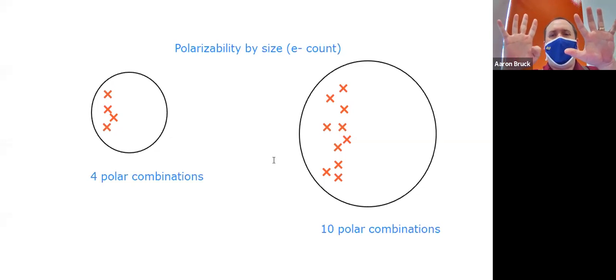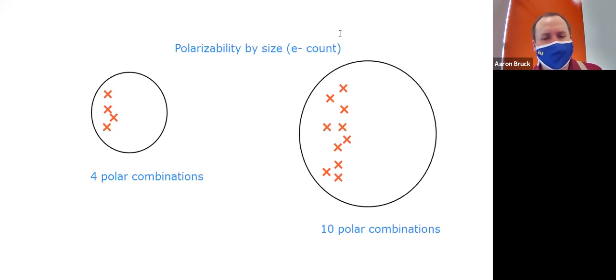Turn one of those over, and it becomes polarized, even slightly polarized. That would still garner some attraction. If I went from 10 electrons to 20, I'd get even more combinations. If I went from 20 electrons to 50, I'd get even more combinations.